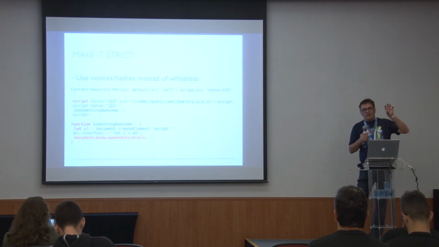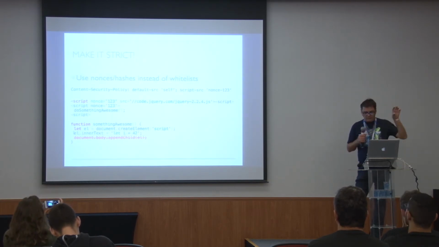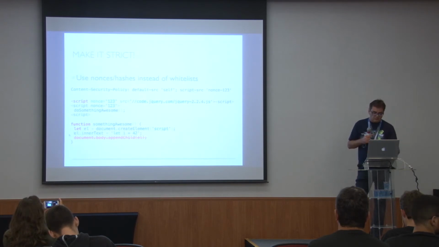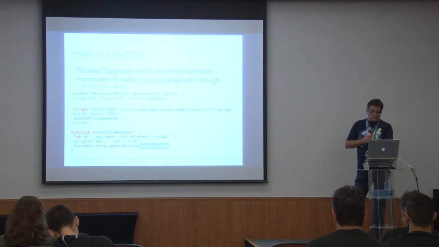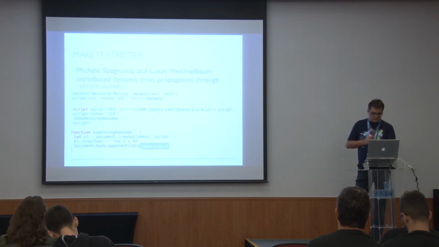Basically every component in the chain should be aware of what the nonce is, and that nonce should be added before you appendChild the script to the DOM. So how to fix it? Actually, I thought I had another slide, but whatever.